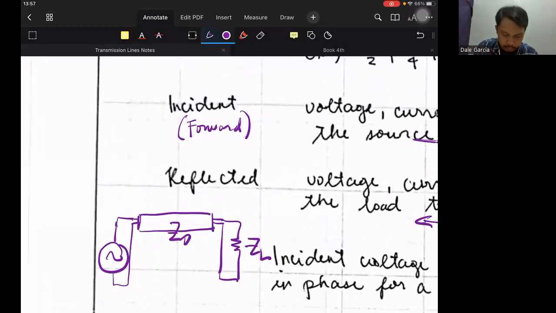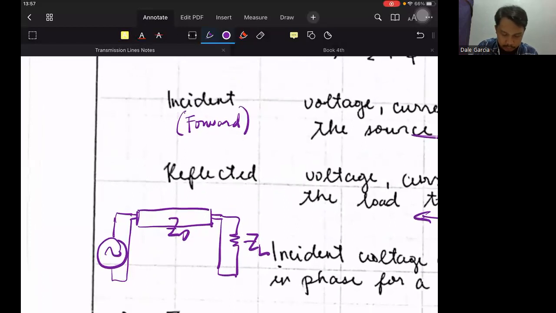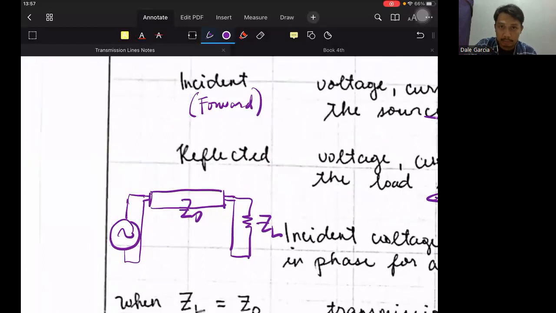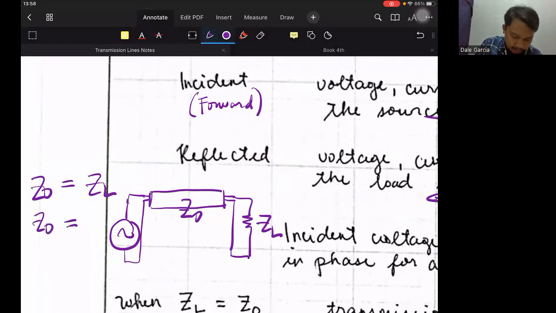Normally, we only have two scenarios in this setup. Either ZO is equal to ZL, the characteristic impedance of the line is equal to the load, or ZO and ZL are not equal.